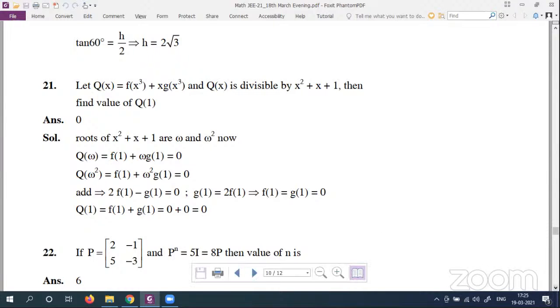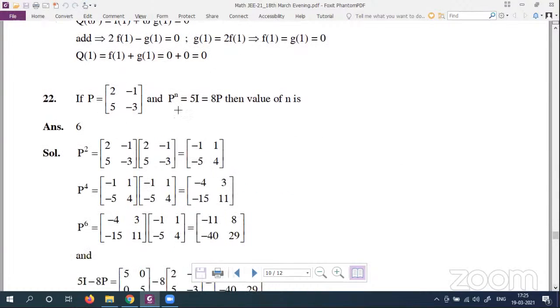The matrix P is given and P to the power n is given in this form. Then we need to find the value of n such that P to the power n becomes 5I.